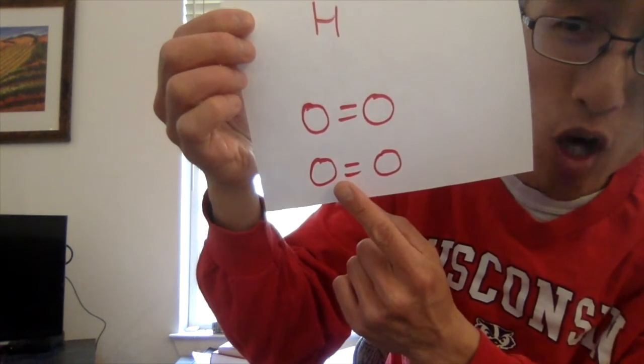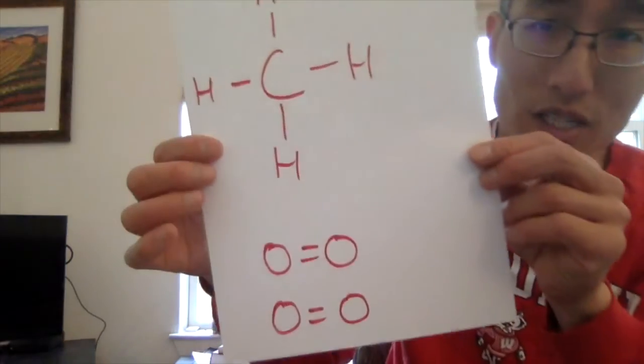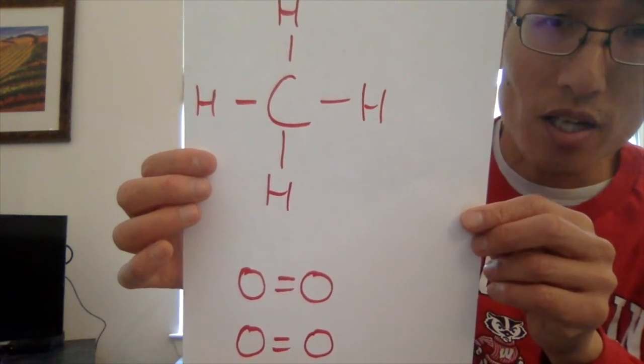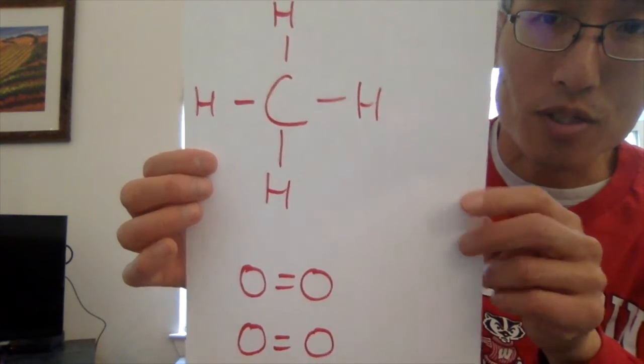And so we're going to draw it with 2 lines. I know that we just had the one toothpick in there for our model, but it's easier. If I had 2 toothpicks in there, it would have been just a mess. So this is how we're going to draw our pictures for methane and oxygen, and this is how we're going to proceed as we move forward in this lesson.